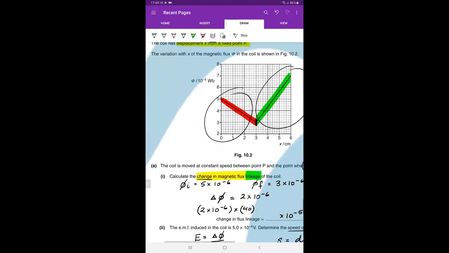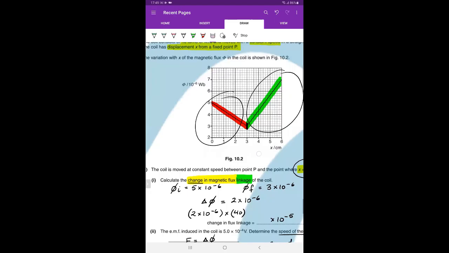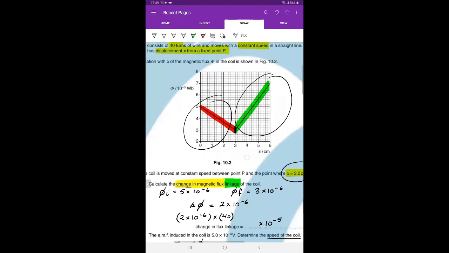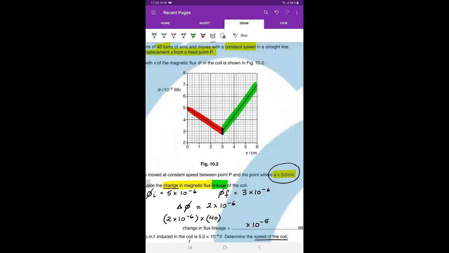So the second value which I got was purely from observation. So when I compared the red portion with the green one, I recognized कि green के अंदर the change in delta phi is twice as compared to the change for the red portion.